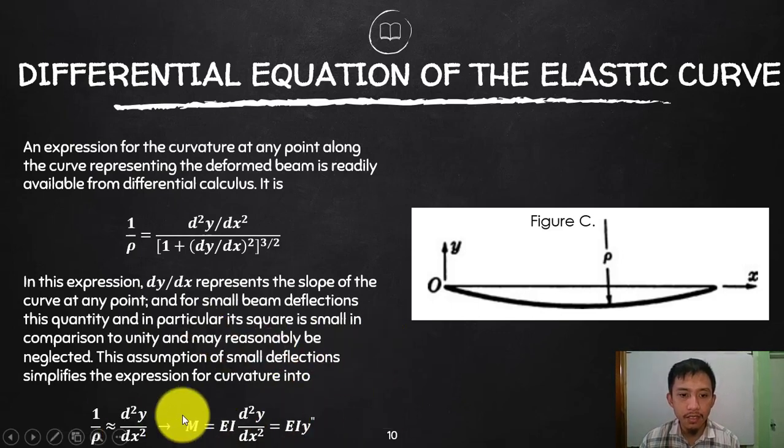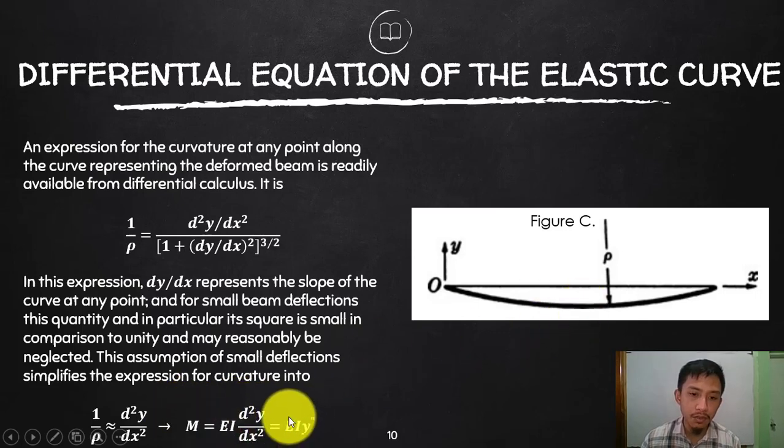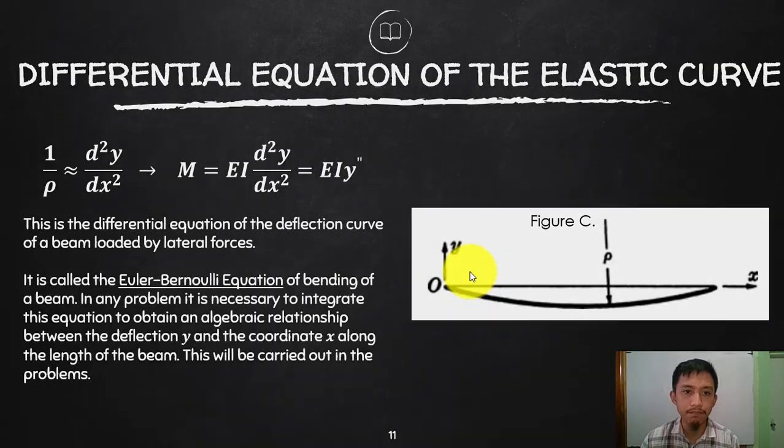Okay, so now we can simplify our equation into: moment within the beam is equal to Young's modulus times the moment of inertia times the second derivative of the equation of x, the equation of x that we will be establishing out of the orientation of the beam.